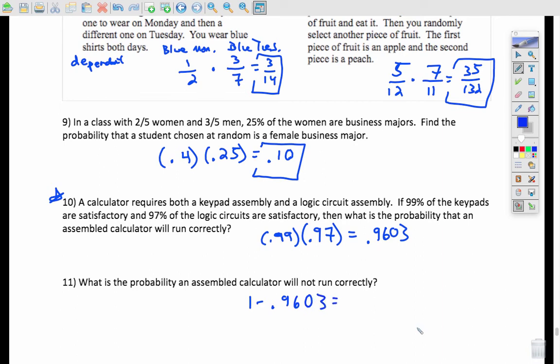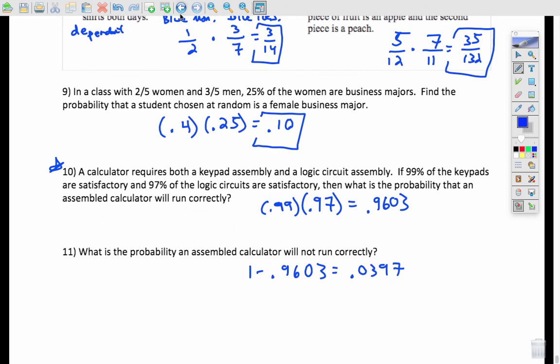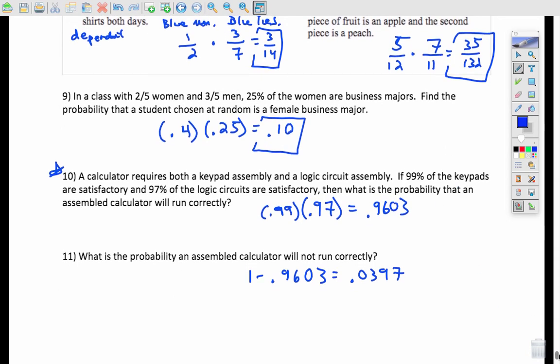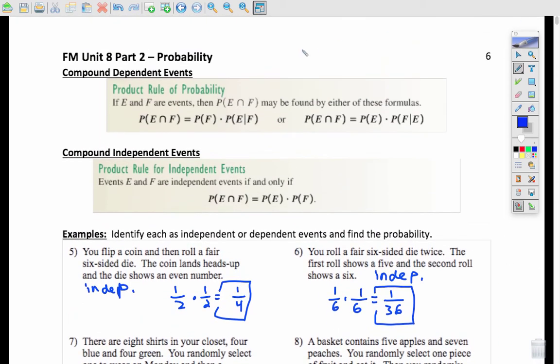Well, that's a complementary event. So we just do the complementary part, and it's 0.0397 that you get a calculator that does not work properly.